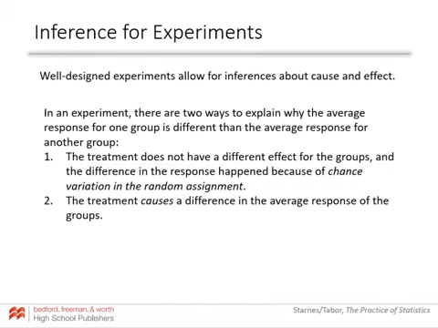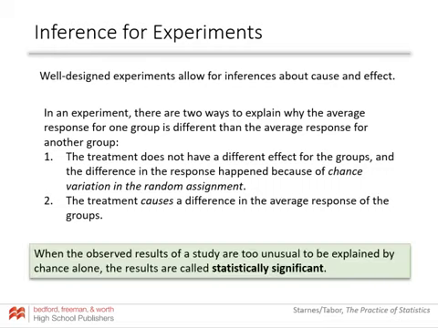The key is, we're trying to decide whether it is one of these two things. Either the difference was just random, so if I gave one group some medicine and another group not, did the difference in their disease afterward just happen because of chance? Or did the medicine that I gave them actually cause the difference between the two groups?